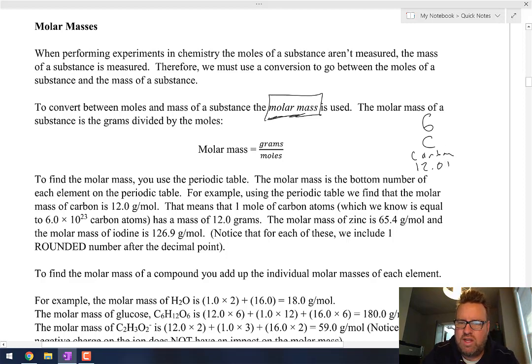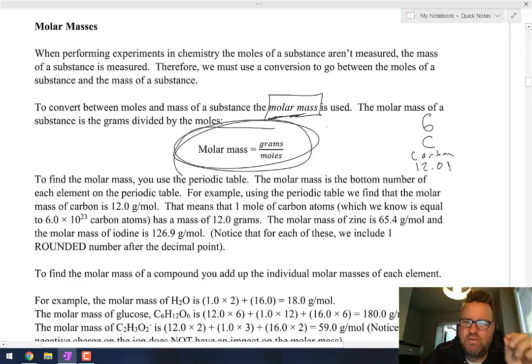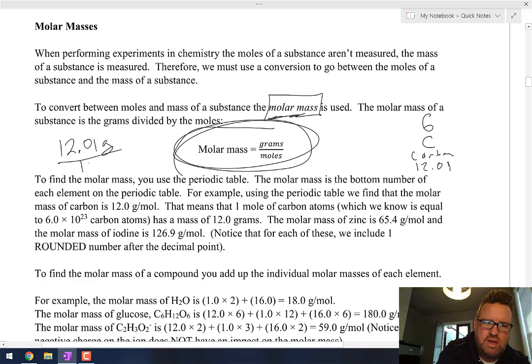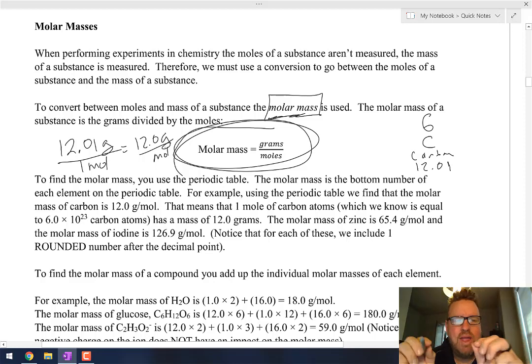What that 12.01 means is that it represents the molar mass of carbon, which means that you would write it as 12.01 grams in 1 mole, or just 12.0 grams per mole. And that means that if you have 6.02 times 10 to the 23rd particles of carbon, it will have a mass of 12 grams.